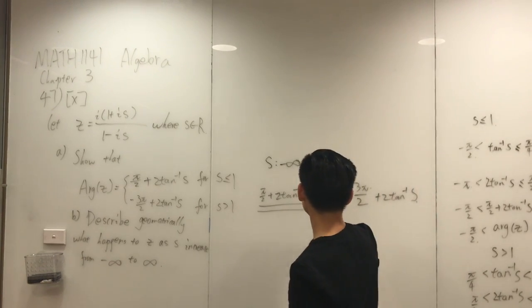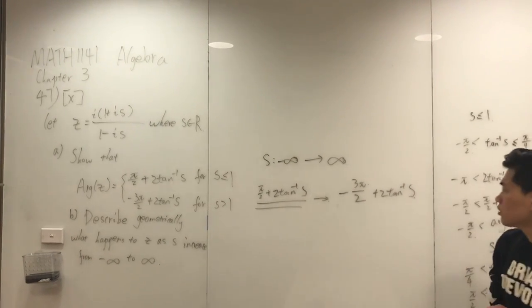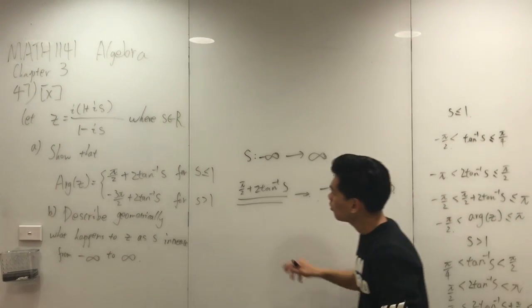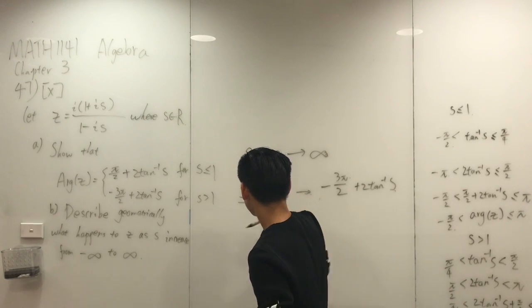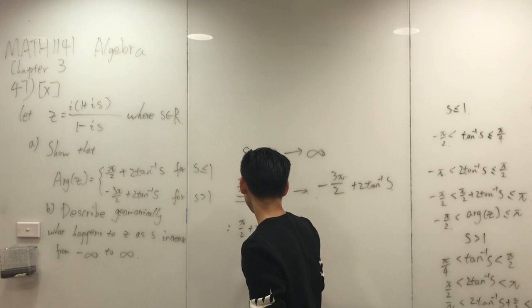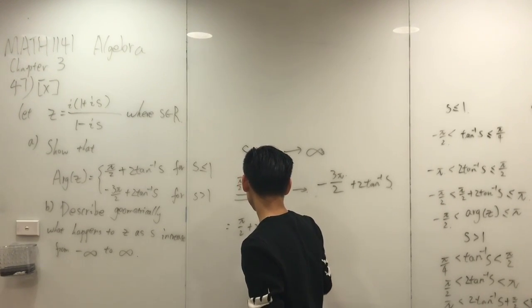So what happens here? When you go to negative infinity, you will get pi/2 plus 2 inverse tan of negative infinity.